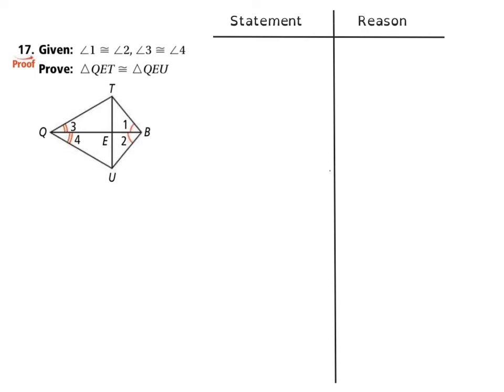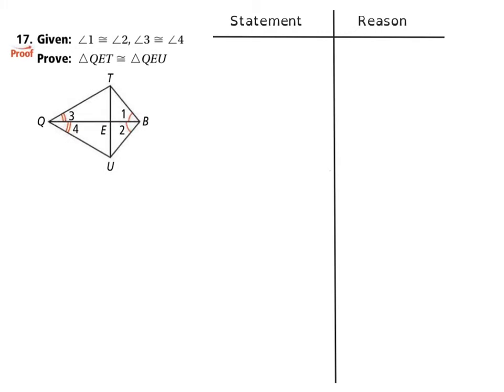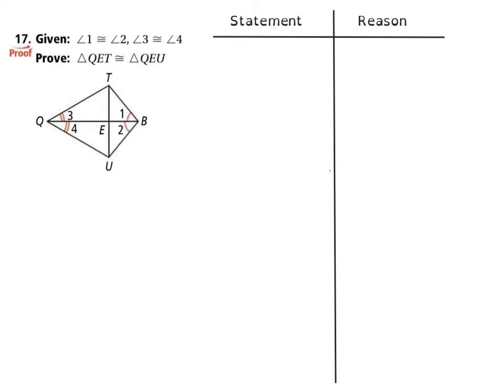Okay, this is actually quite a fantastic problem. What we are dealing with here is what we're trying to prove. Let me just highlight the figures that we're trying to prove congruent here.